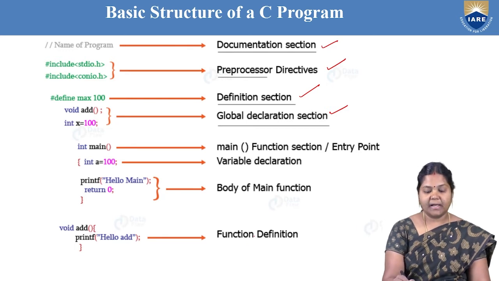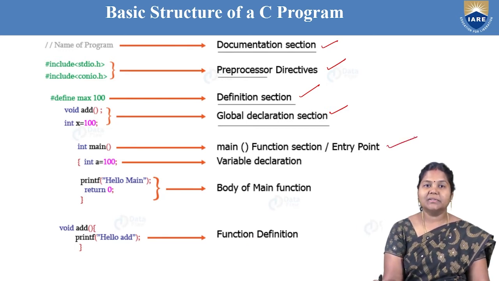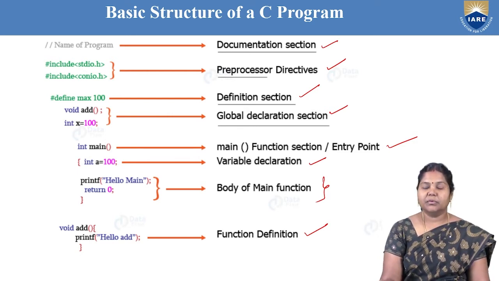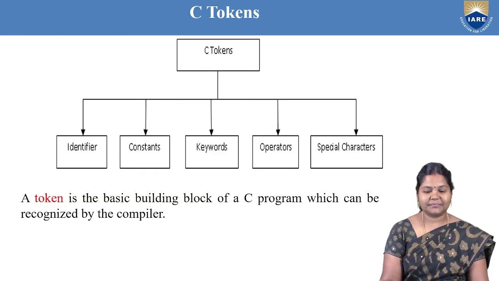And then there is a main function, which is called the entry point to your program execution, followed by variable declarations. Then the processing statements are there and user-defined functions are also available. So this is one of the important structures of the C program, where you have to know which sections are optional and which are mandatory, and based on that you need to write your C program.